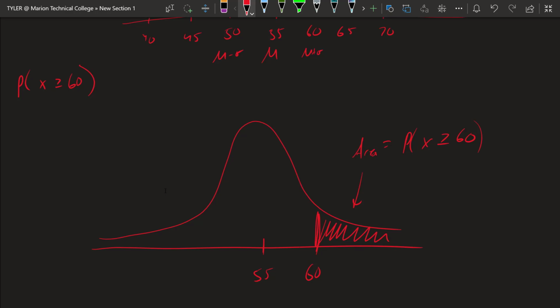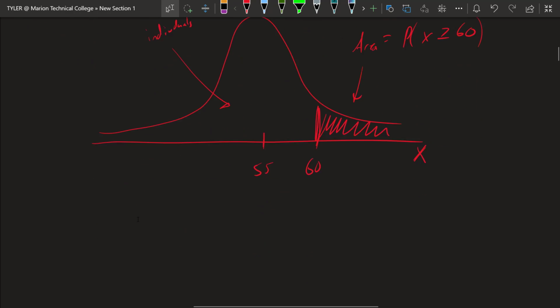So the important thing to think about here is that my distribution, I would label with just an X here, because my data is on just one person, right? So this data is on individuals. What we're switching focus to is studying how samples are going to vary, right?